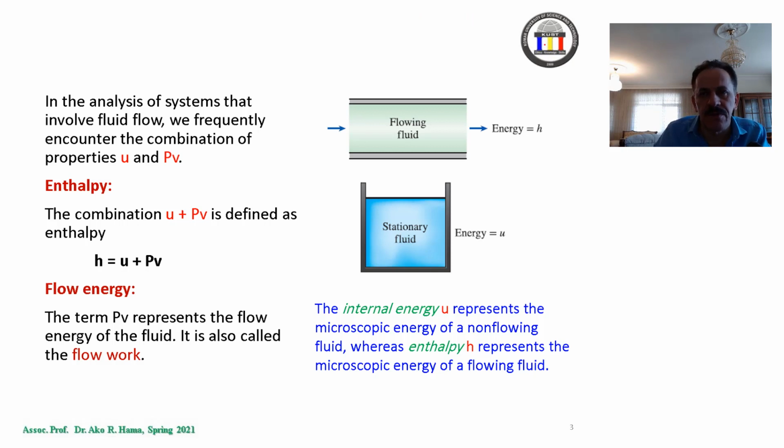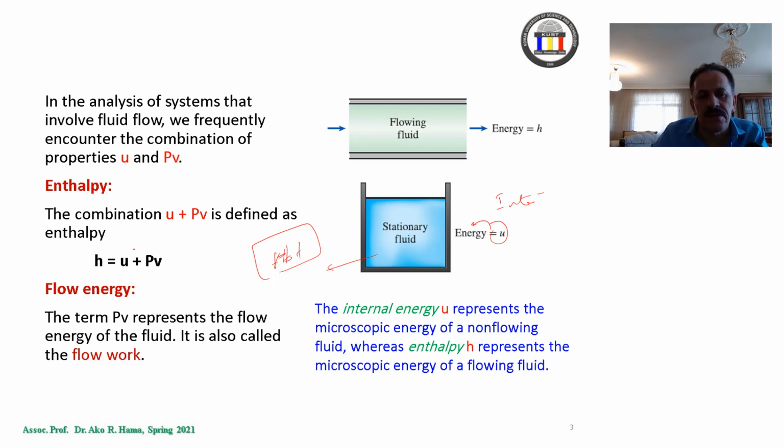For example, if I'm talking about 1 cubic meter of stationary liquid like water, and this water is hot water, how many BTU or joules of heat do we have in this fluid? It's called the energy that's included, the internal energy.